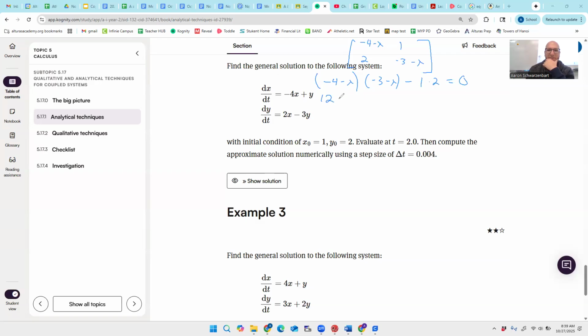This time I'm going to have to expand it out. It's a metal factor. Oh, lovely. This is good.